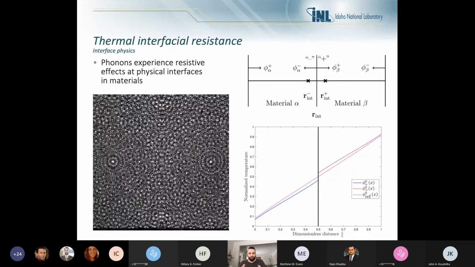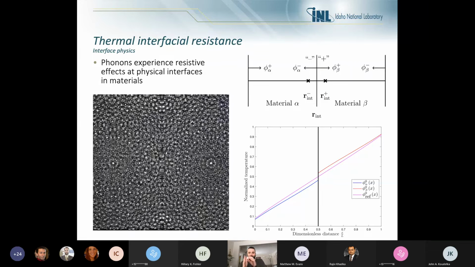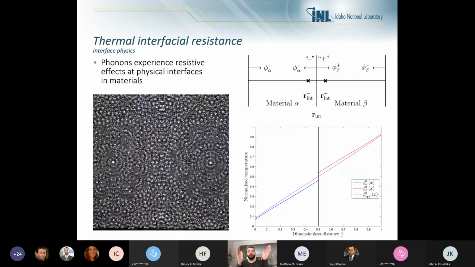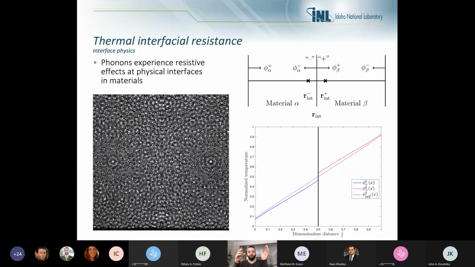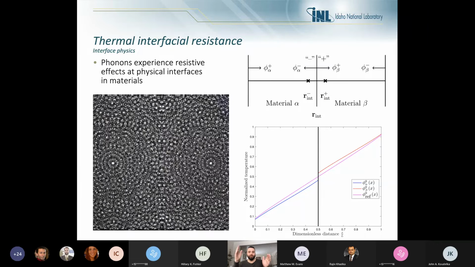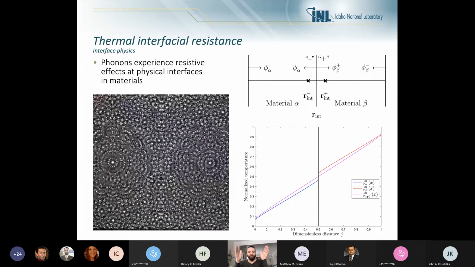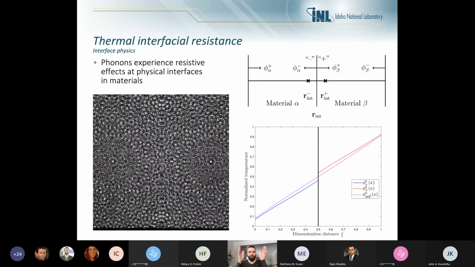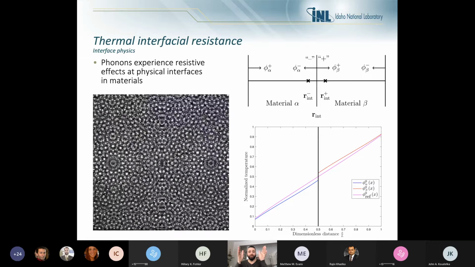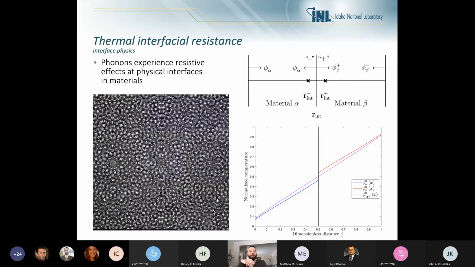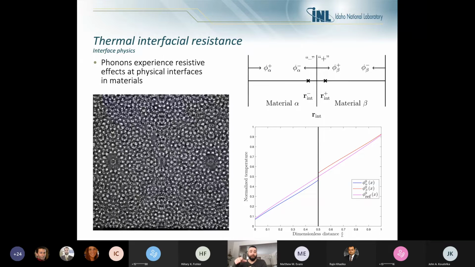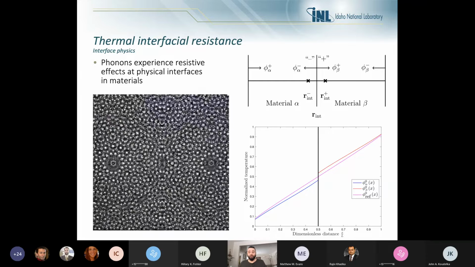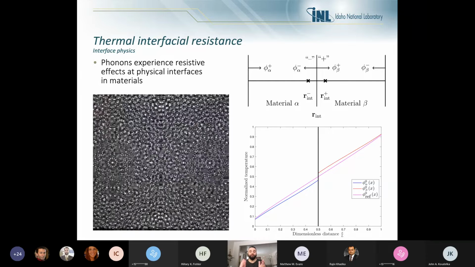If you apply heat to the copper end, you're going to get a heat change on the silicon end because of thermal diffusion, and the whole thing's going to heat up. The thing is, though, the interface is very interesting. Phonons will actually experience an effect at a physical interface compared to a particle like a neutron that just passes through everything and only cares about the atoms in the material, whereas the phonons actually care about the interface itself.